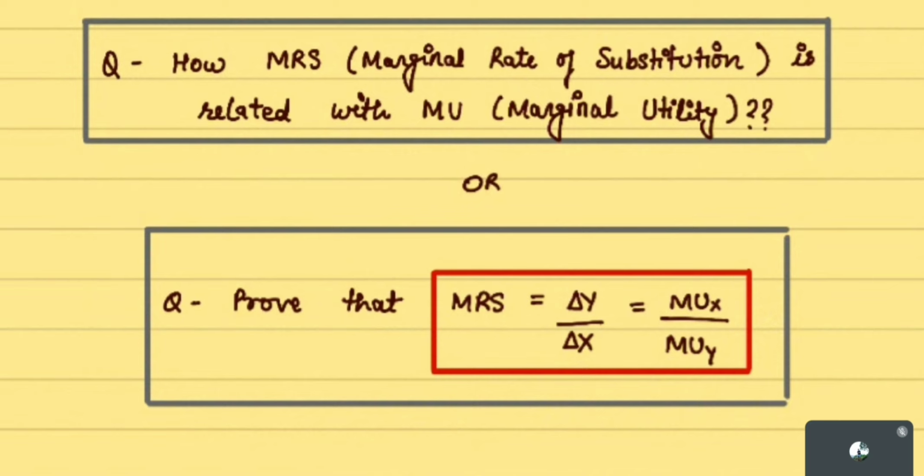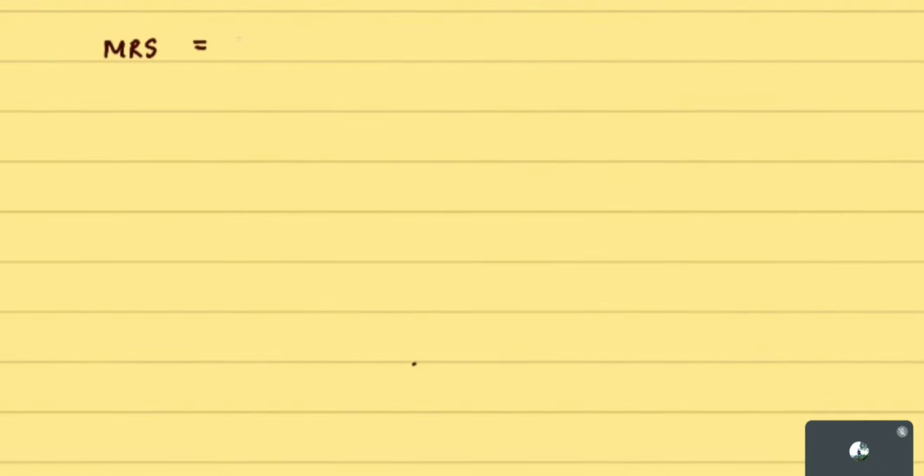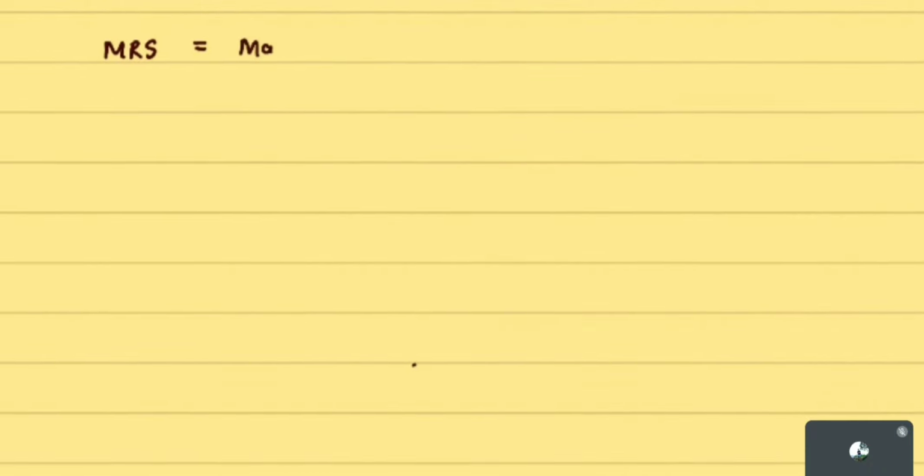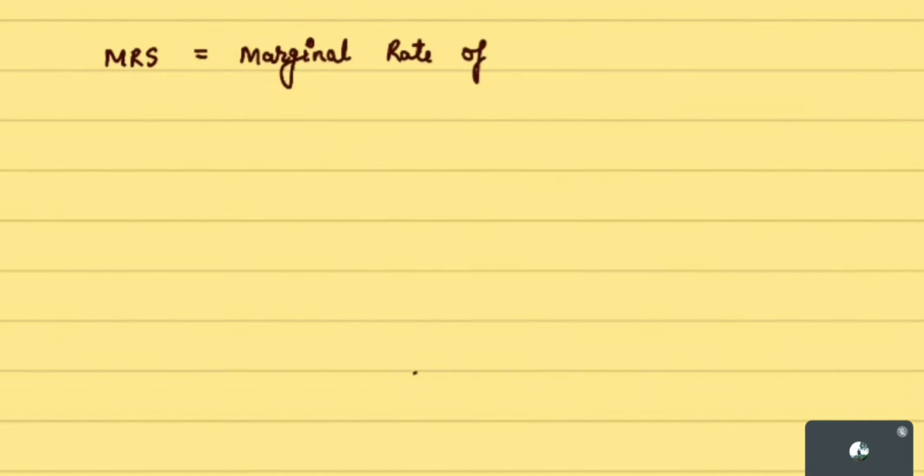It is very simple. Okay, first let me write the definition of MRS. What is MRS all about? MRS, as we know, the full form is marginal rate of substitution.